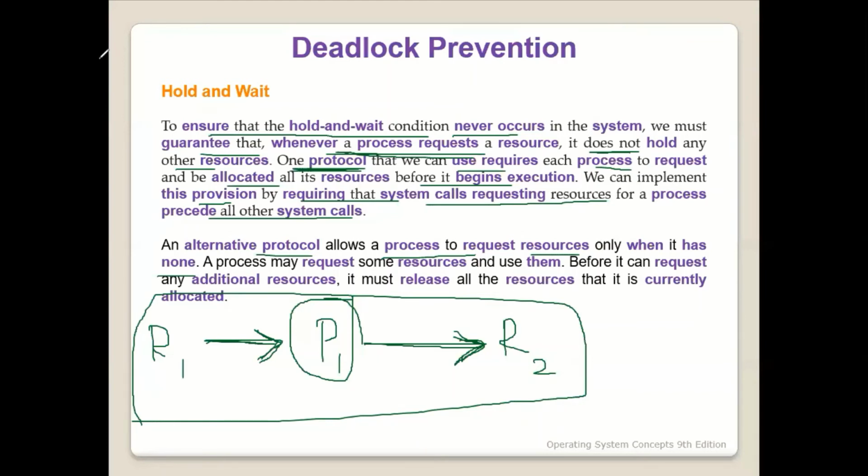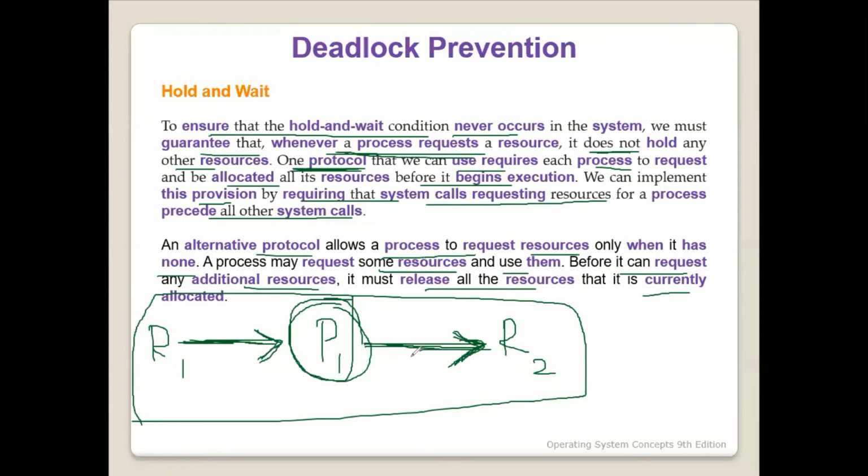A process may request some resources and use them. If it's going to request an additional resource, it should release all the resources it currently has. Like here, in this example, P1 is requesting R2. If it wants R2, it should release R1.